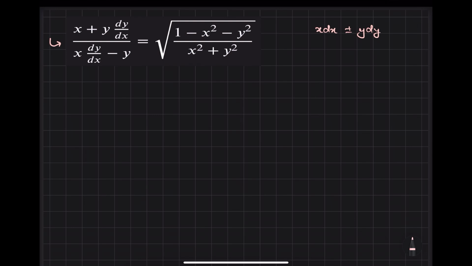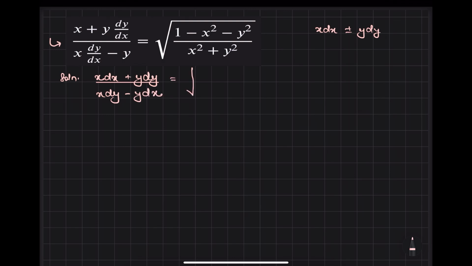Okay, so look at this. Can I take LCM dx? So we will have what? x dx plus y dy, and then we have x dy minus y dx, and dx gone.